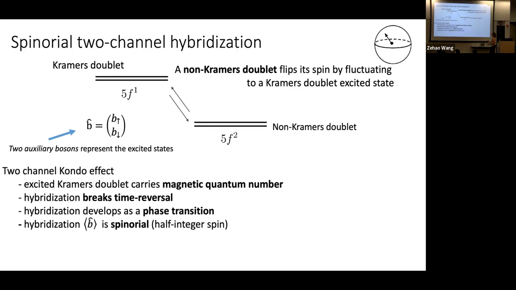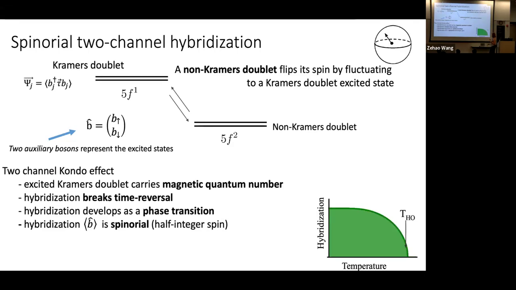Since our excited Kramers doublet always carries a magnetic quantum number, the hybridization breaks time reversal. It develops as a phase transition, and it is spinorial in some sense, and we'll talk about what that really means. So this is weird. It means you have a phase transition where your hybridization is turning on because you're breaking a real symmetry.